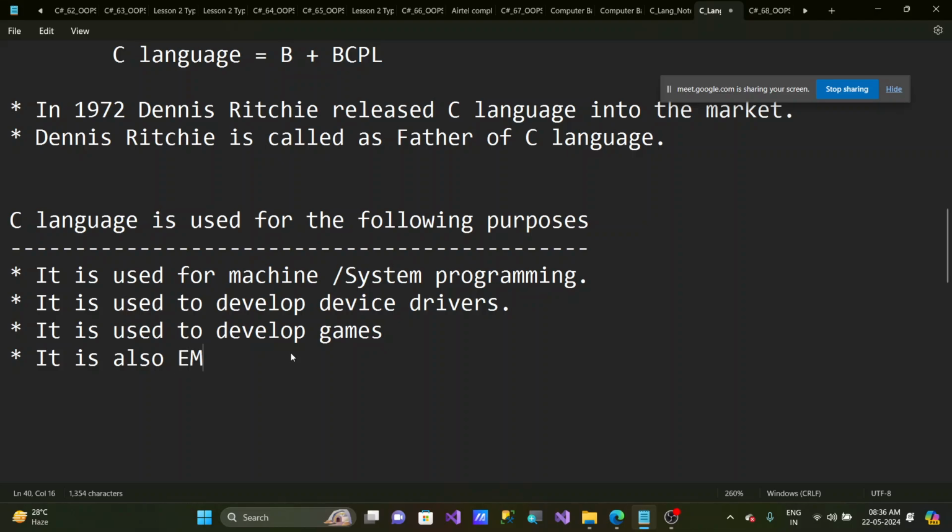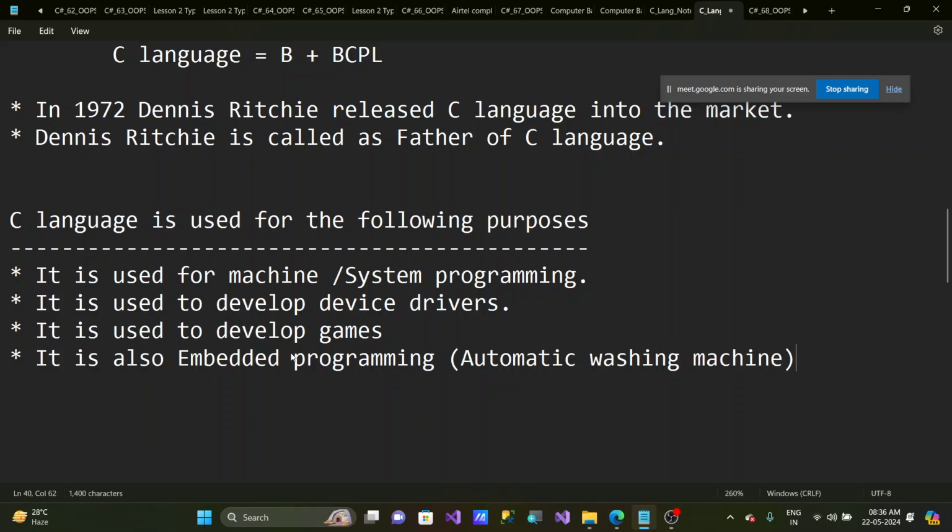Embedded programming means, for example, automatic washing machines, fully automatic washing machines. How does a washing machine work? You can select the program, and specify the time and washing mode.